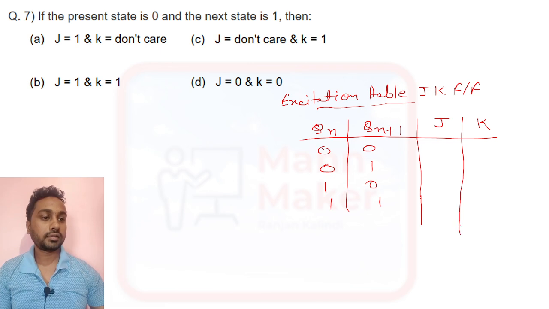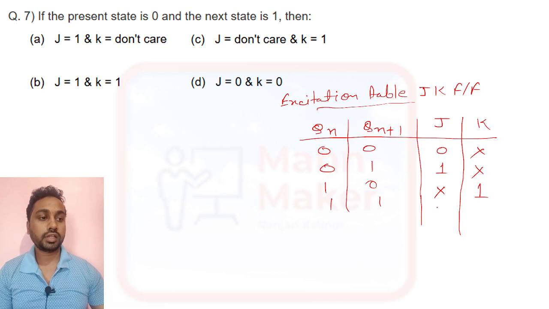When the present state is 0 and the next state is 0, J is 0 and K is don't care. When it is 0 and 1, J is 1 and K is don't care. When it is 1 and 0, J is don't care and K is 1.